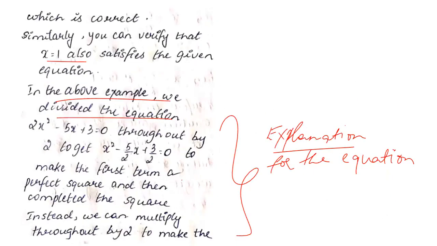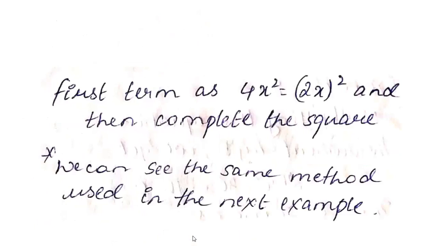These are a few steps, a few tips also. I would suggest, instead of me reading this out, you can understand it yourself. Instead of multiplying throughout by 2, we can make it this way also. The first term can be made like this and then complete the square.